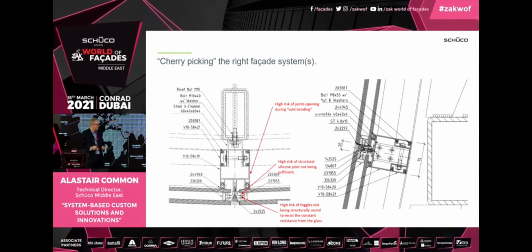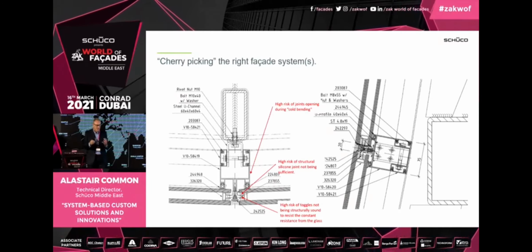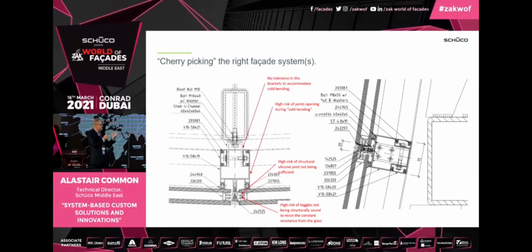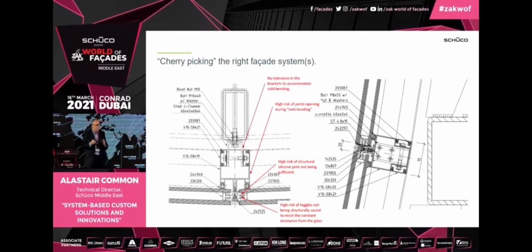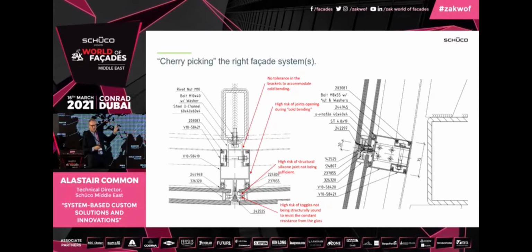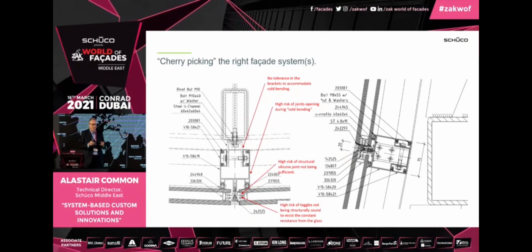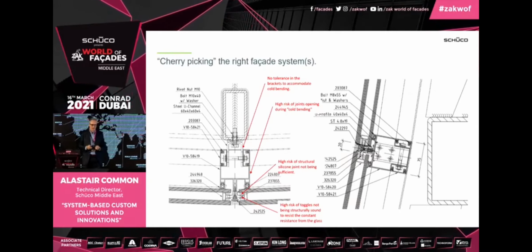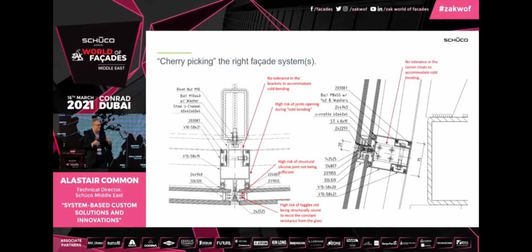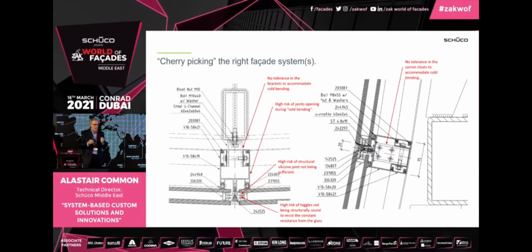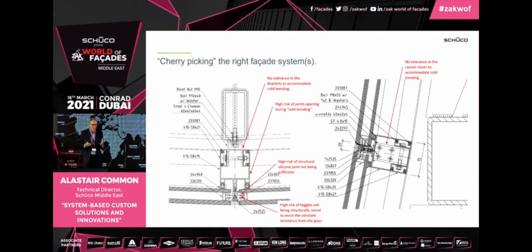Also, there's not the same level of structural bonding here, so that in itself could also be a problem with the cold bending. Also, the bracketing detail here, whilst it's quite nice, we've concealed all the ball fixings there with some nice cover caps, etc. But at the same time, it's not going to suffice for that level of cold bending. And same thing here. This T-cleat connection, when you start to do that cold bending, this will undoubtedly open.